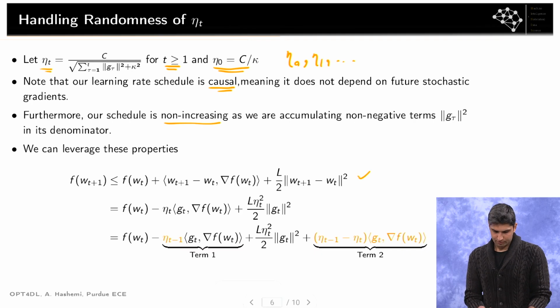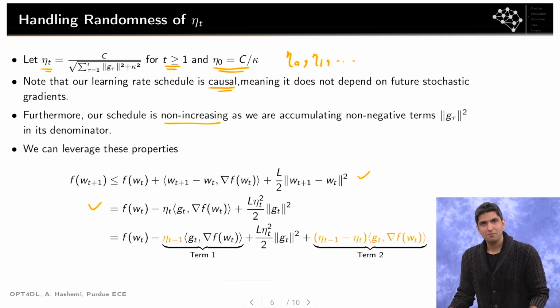So we again start with the smoothness, and we again substitute what our update is. These are identical to what we talked about in the previous slide. But now we're going to use our simple but very effective technique of adding and subtracting terms. We add and subtract this term that I'm writing here, term 1, which means that I'm going to arrive at this point.